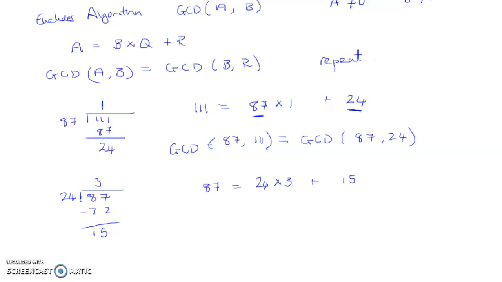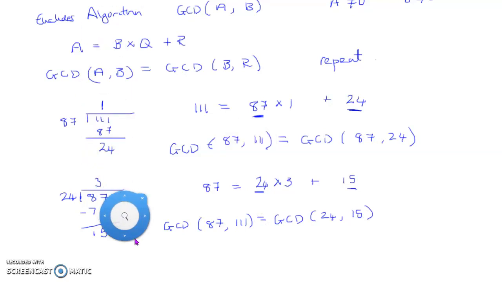Now it's the same as that one, and now we can get this. That means the greatest common divisor of 87 and 111, which is also of 87 and 24, is now the greatest common divisor of 24 and 15. And I do it again.